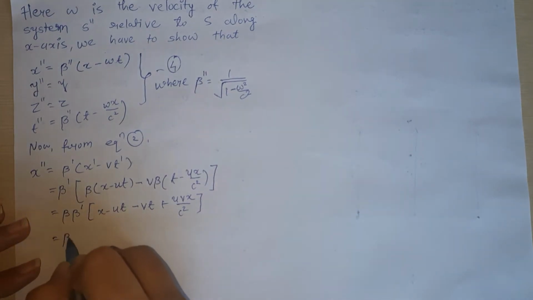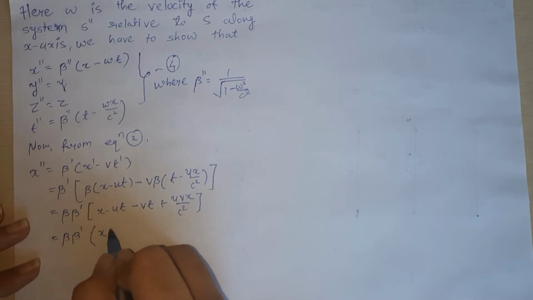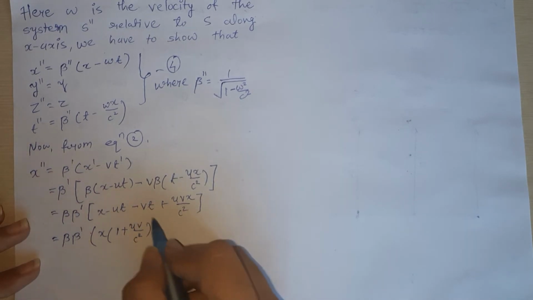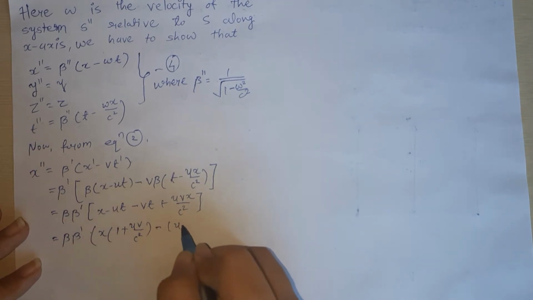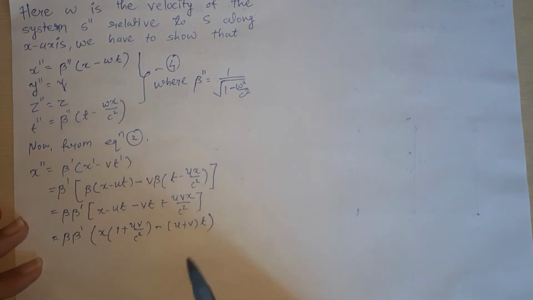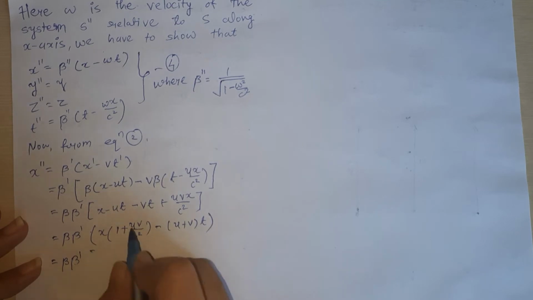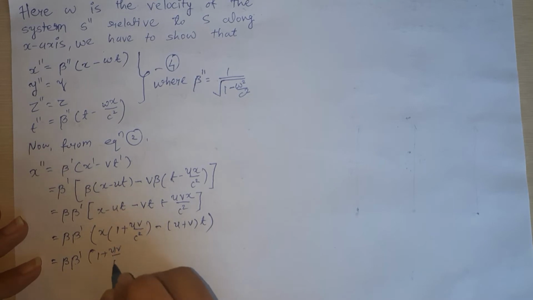Now again simplifying this, we get beta into beta dash x into 1 plus uv upon c square minus u plus v into t, which is equal to beta into beta dash. Now we will divide the whole step with 1 plus uv upon c square.